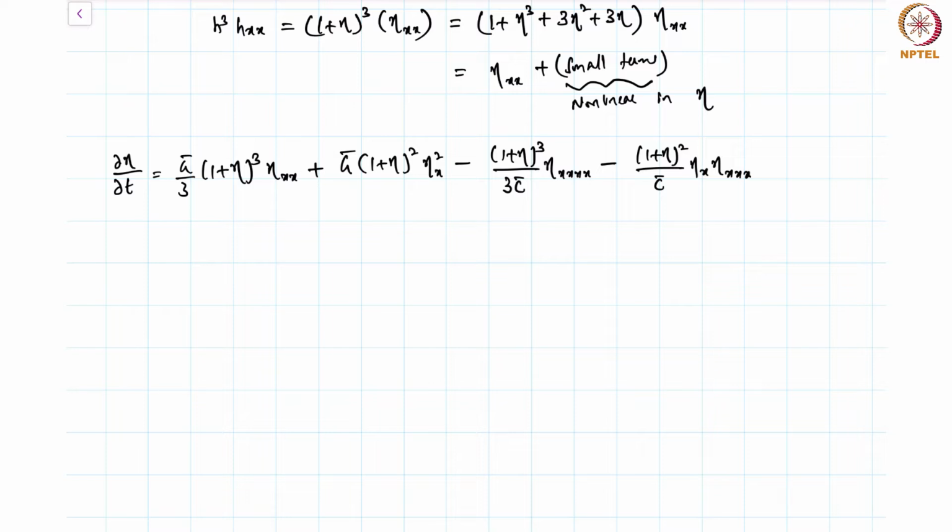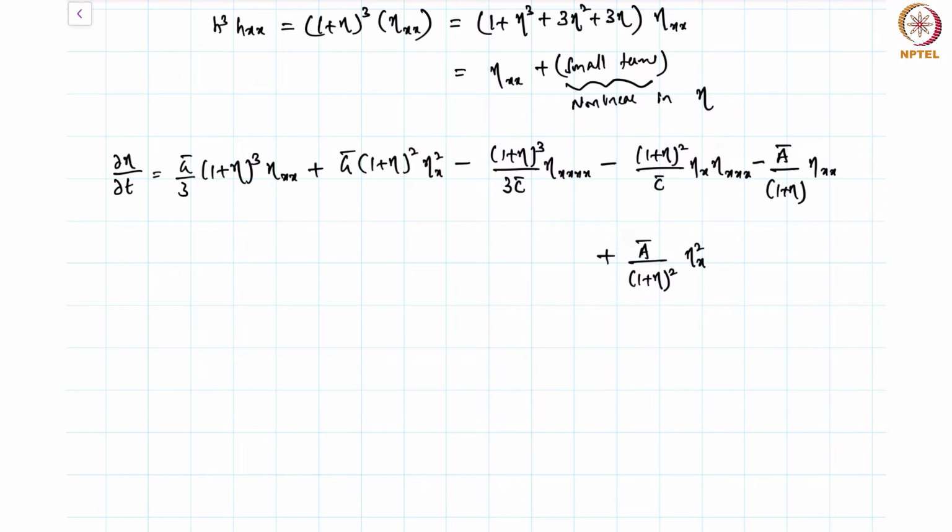Then we have the first van der Waals term, and finally we have the last van der Waals term, which is 1 plus eta whole square into eta x square.